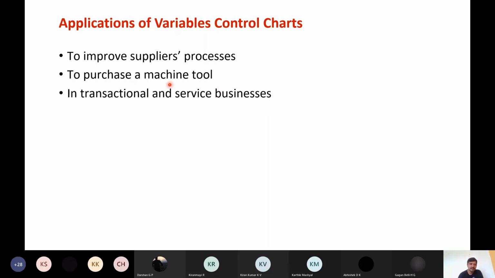Next, to purchase a machine tool. Even to make a decision regarding purchasing a machine tool, one of the companies made use of these charts. Even this is one of the non-manufacturing applications, that means an application in the finance sector, where they used control charts to evaluate the time taken to do a financial transaction.